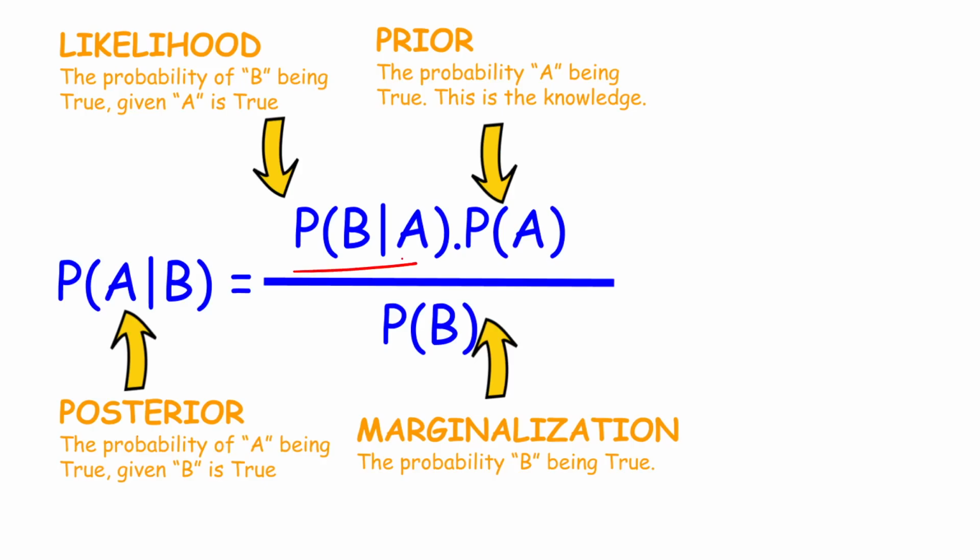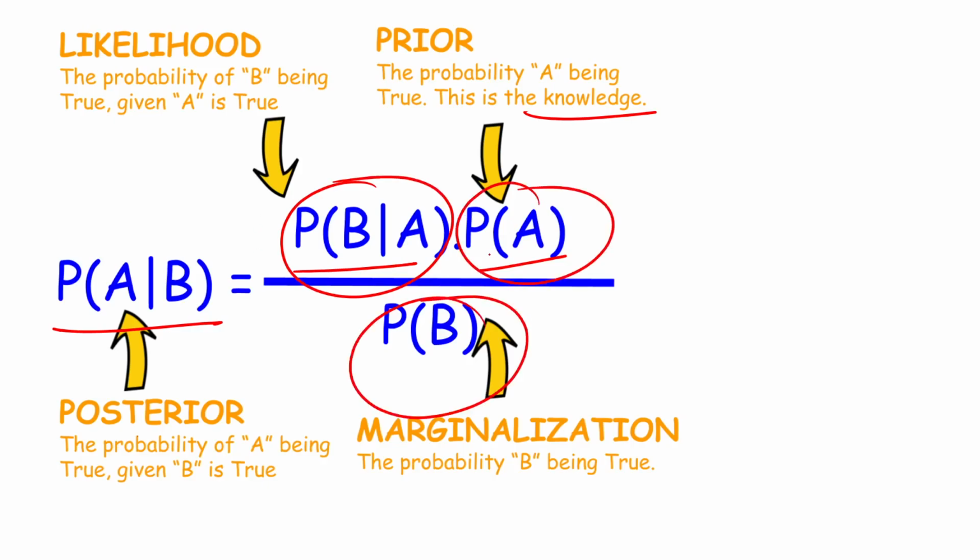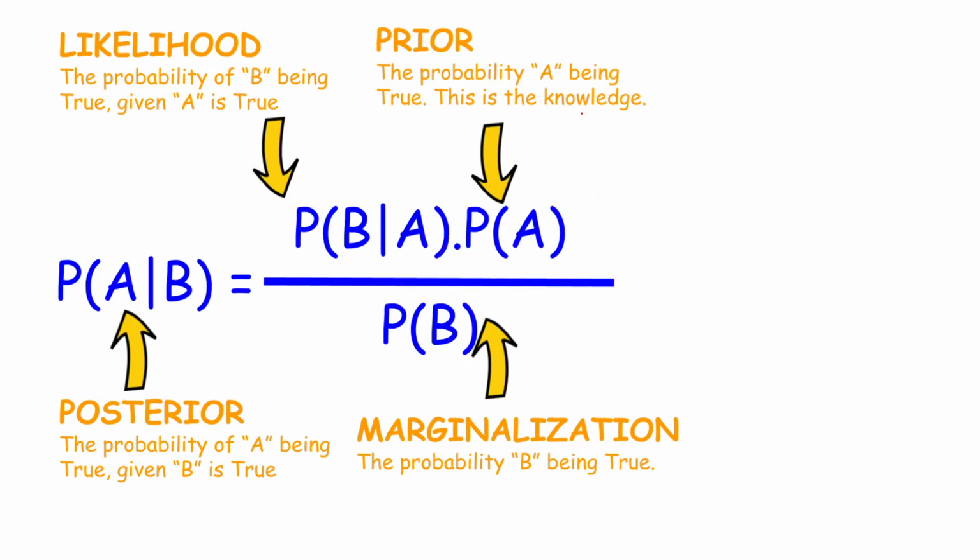And this is your prior: the probability of A being true, the knowledge that we have, that is why it is called prior. And marginalization is the probability of B being true. So we use these terms likelihood, posterior, marginalization and prior in the Bayes theorem.